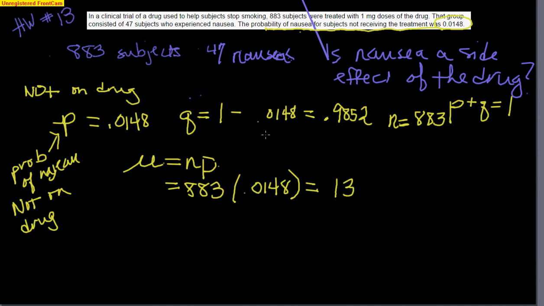You can look at the question to find out where you're supposed to round. It's either 13 or 13.1. So the normal expectation would be 13 people out of 883 would get some nausea.